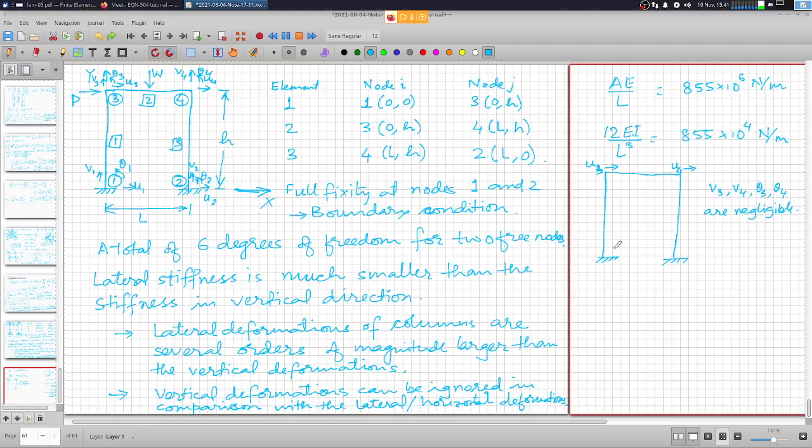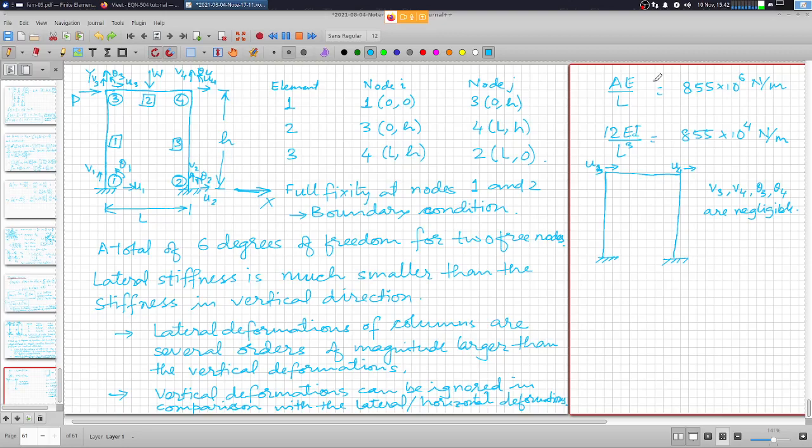And even for the usual dimensions that you come across, you can see the comparison. The axial stiffness is almost 100 times larger than the lateral stiffness.